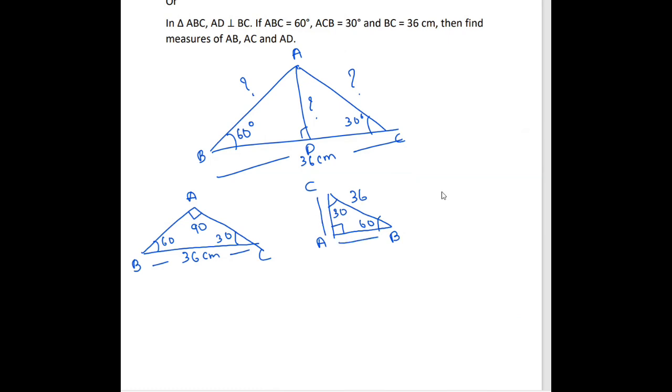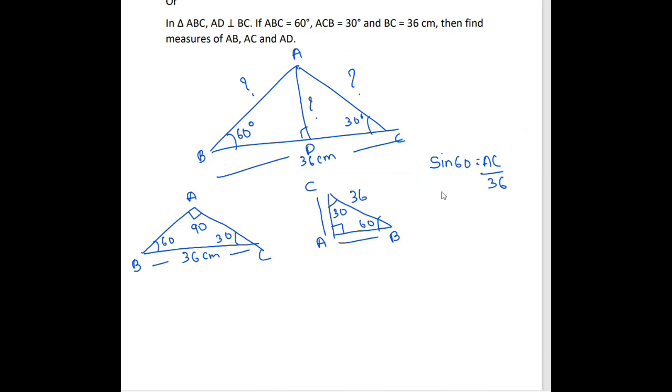So first I will apply sin theta. Sin 60 is equal to opposite, that is AC, by hypotenuse, which is 36. Correct? Somehow I need to find AC and AB, so I'm using sin theta first.